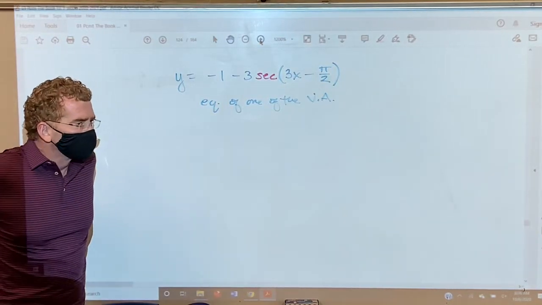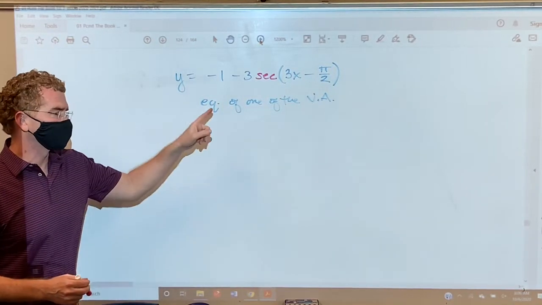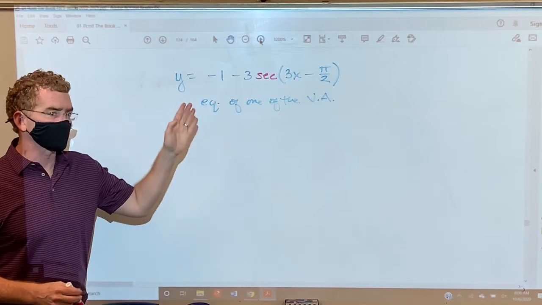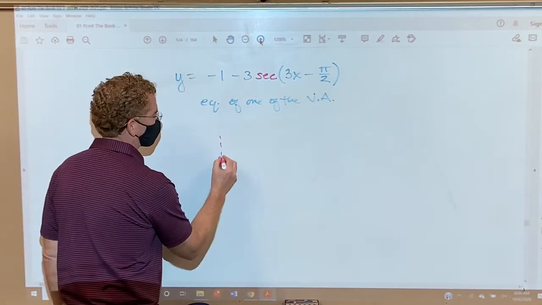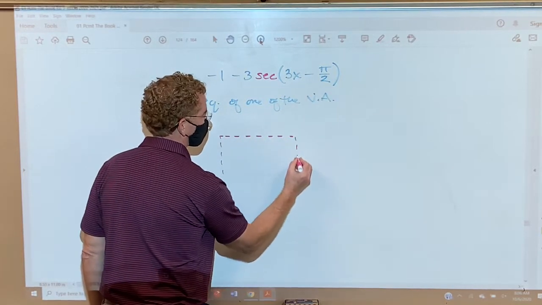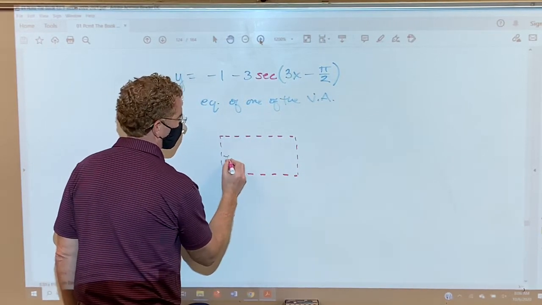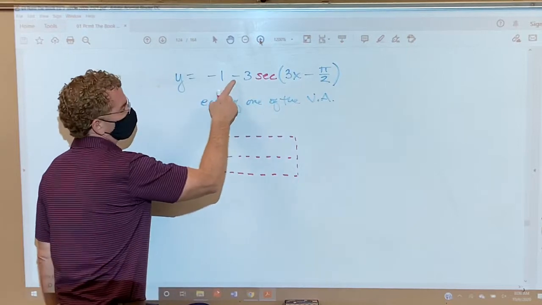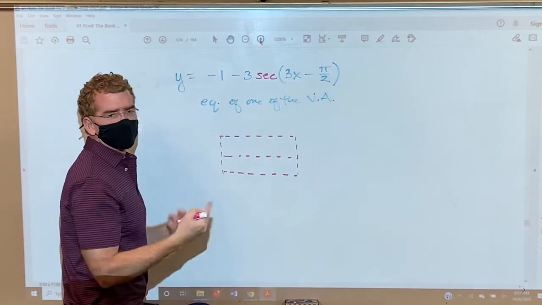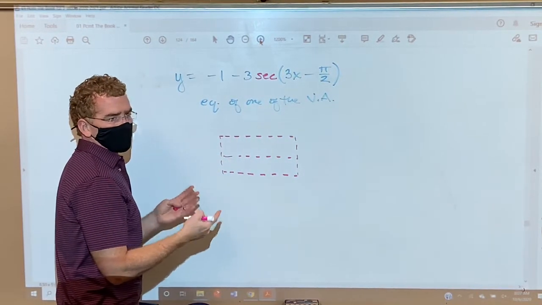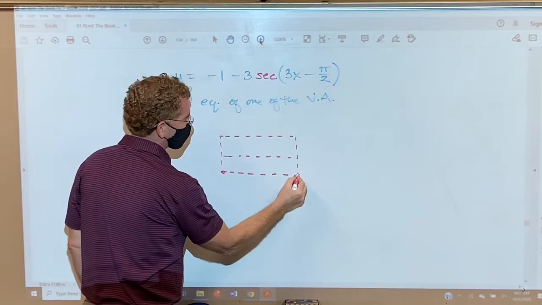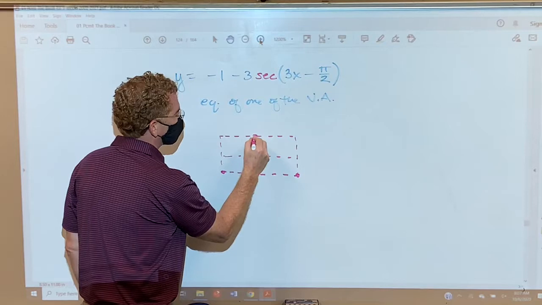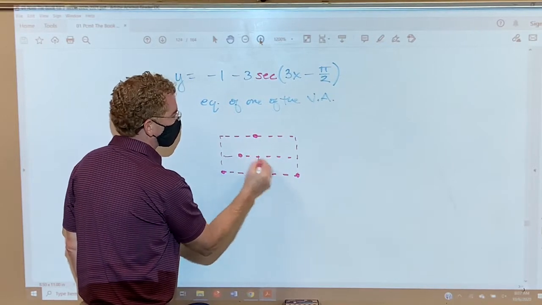Secant is built on the cosine graph, right? And the negative and positive won't come into play here on the graph part. But if this is a negative, it would start low, in the middle it would be up high, and then at the quarters it would cross.